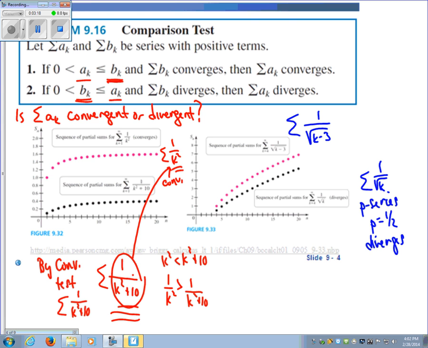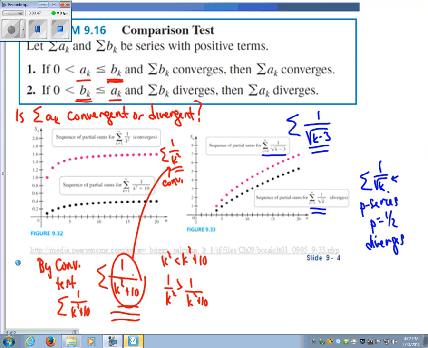Well, the only way this is going to be helpful using the comparison test is if 1 over the square root of k minus 3 is actually larger than that. Because if this one is always smaller, and when we add those up, it's infinite, then these would have to be infinite as well when we summed them. And if you look at the partial sums in the drawing here, you can see that the partial sums of this one are staying above the partial sums of this one, which we know already diverges.